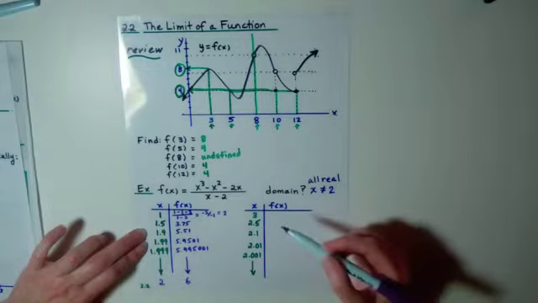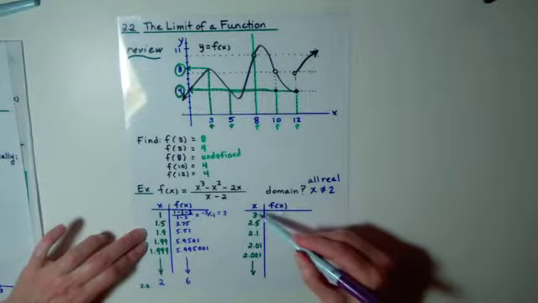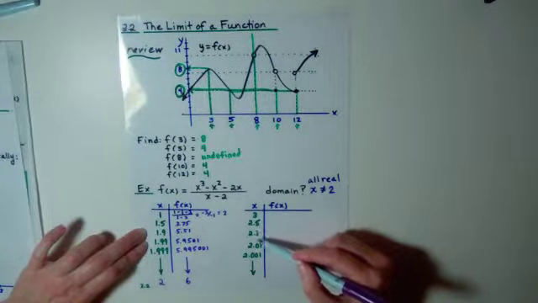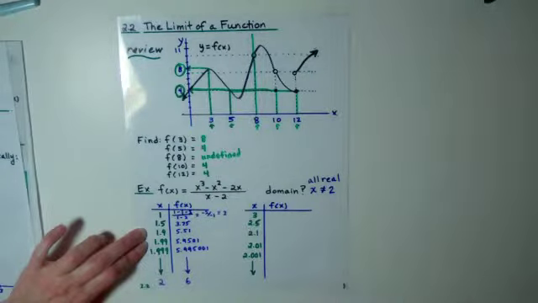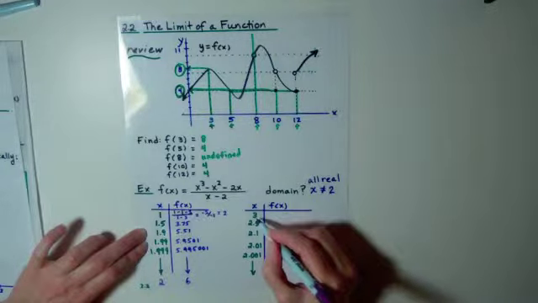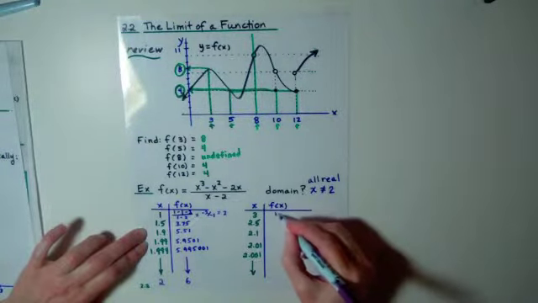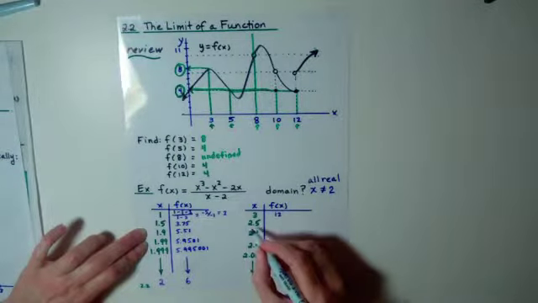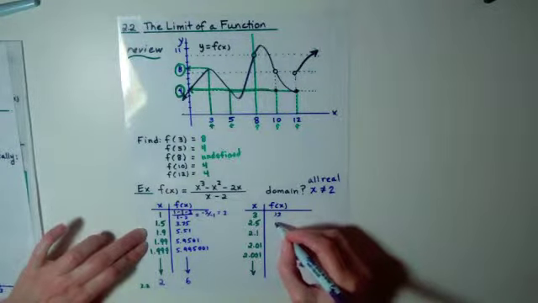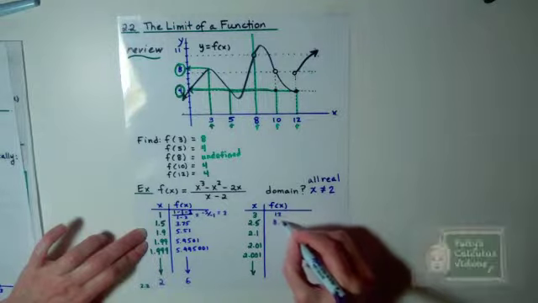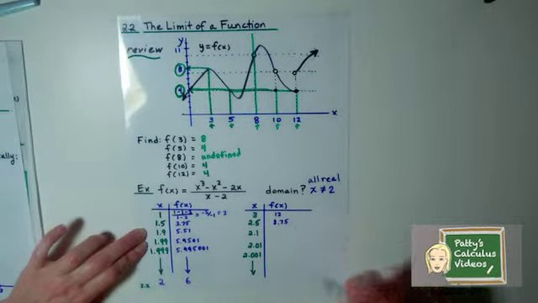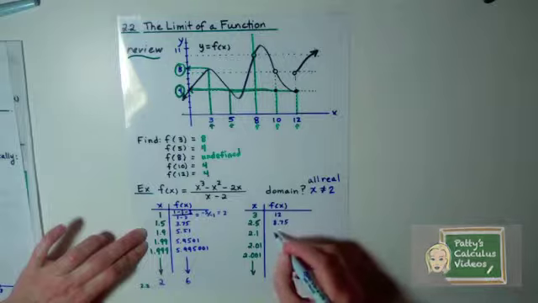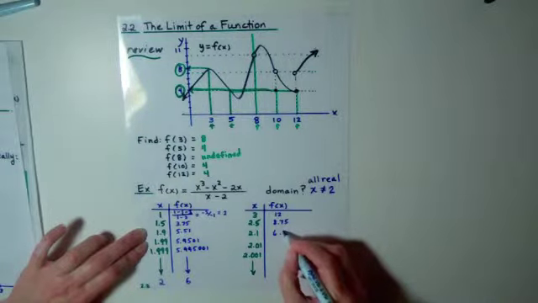Notice that the same thing happens if I put in x values that get closer and closer to 2, but through values that are a little bit larger than 2 instead of values that are a little bit smaller than 2. When I put 3 into this function, I get 12 as an output on my calculator. When I replace x with 2.5, it turns out that I get 8.75 as an output. When I put in 2.1, I get 6.51.